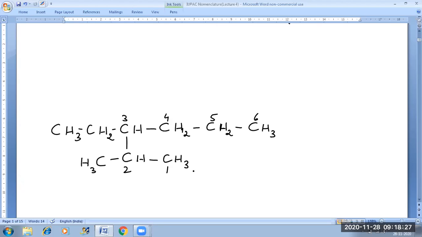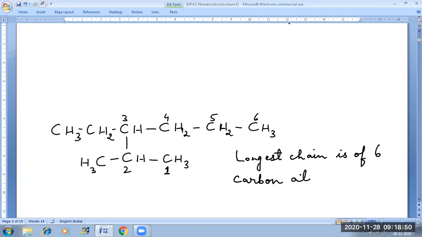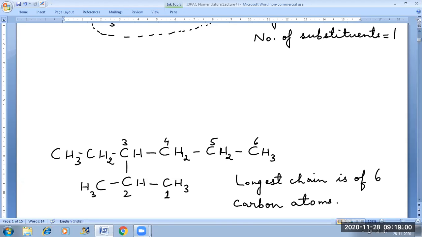This could be another manner, that is, I'm starting numbering from this one, 1, 2, and then I go up. Here also I will say that the longest chain is of 6 carbon atoms.